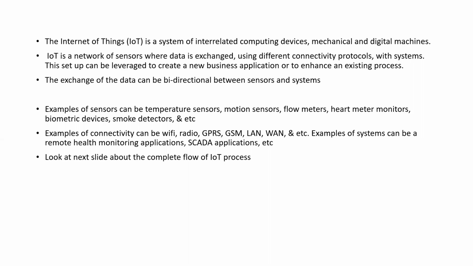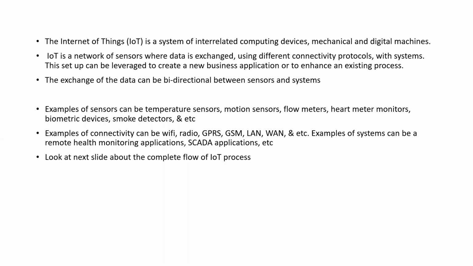Examples of sensors can be temperature sensors, like how the outside temperature is collected with analytics and shown, and motion sensors, flow meters, heart monitors, biometric devices, smoke detectors, etc. These are the sensors which the IoT application is going to use to exchange data.